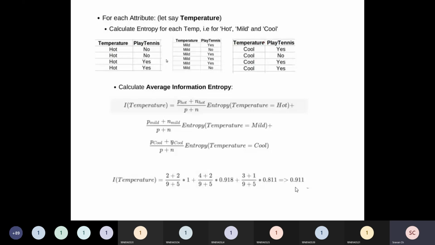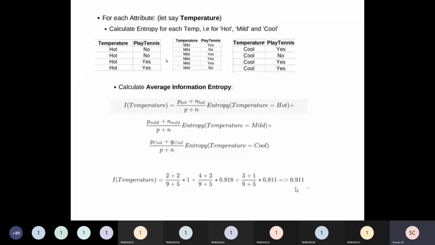Divided by, again, for Outlook also I told you, whenever you calculate average information entropy, whenever you calculate I value, the denominator P plus N will be from the main data set. So it will be 9 plus 5. Denominator is 14.